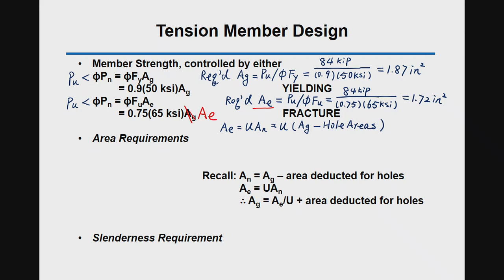So the required AG for fracture equals AE divided by U, plus hole areas.